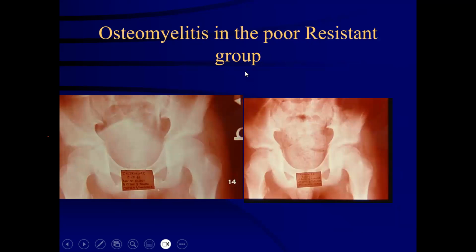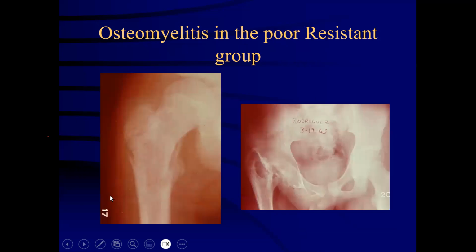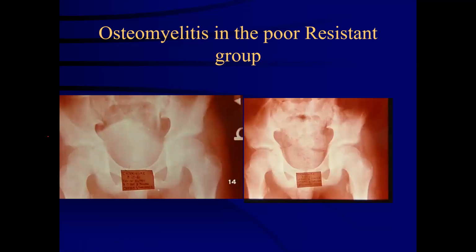This is again a Puerto Rican child who came presenting with a limp, no pain, but the family were worried, why is he limping? These are the x-rays. Then you see that if you go back to the previous one, you see that the x-rays were not involving the lower metaphyseal region.